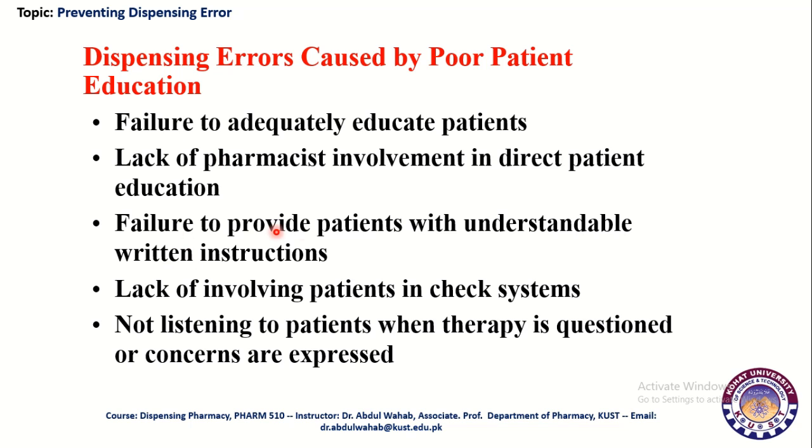Failure to provide patients with understandable written instructions. If the pharmacist is unable to provide written information for the understanding of the patient, then there will be chances of dispensing error. So written information must be provided to the patients.